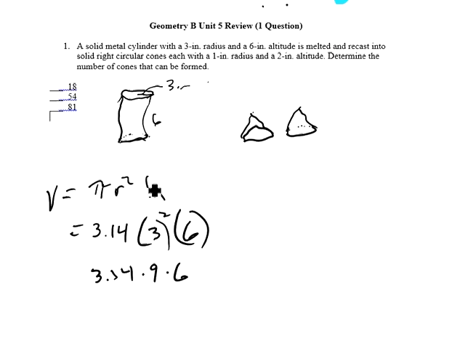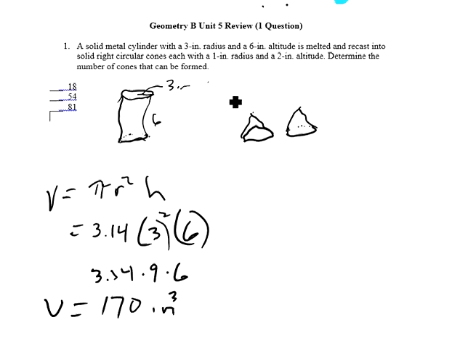So 3.14 times 54, I get 169.56. So I'm going to say my volume, I'm just going to call it 170, and that's inches cubed, because the area is inches squared, and times inches is inches cubed.